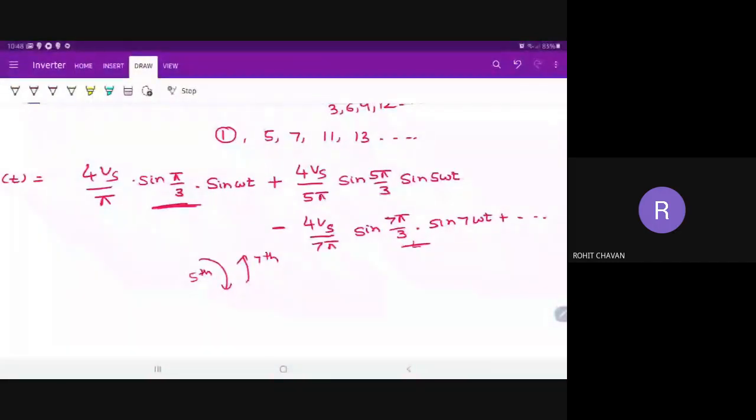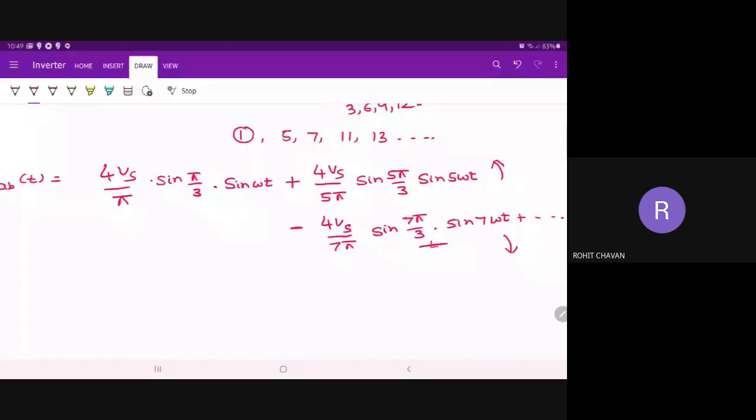This minus sign indicates that. So we have the fundamental, fifth order harmonic, seventh order harmonic, 11th and 13th order harmonics.